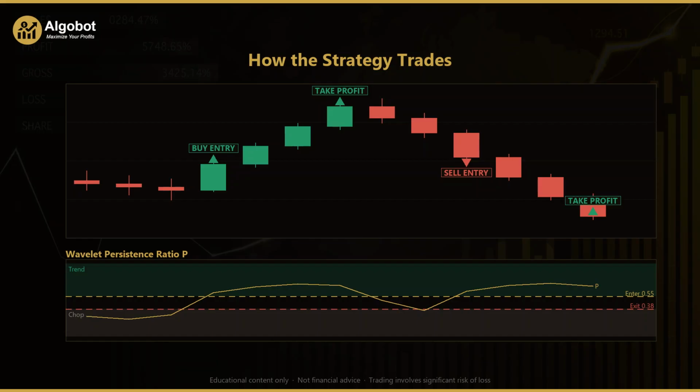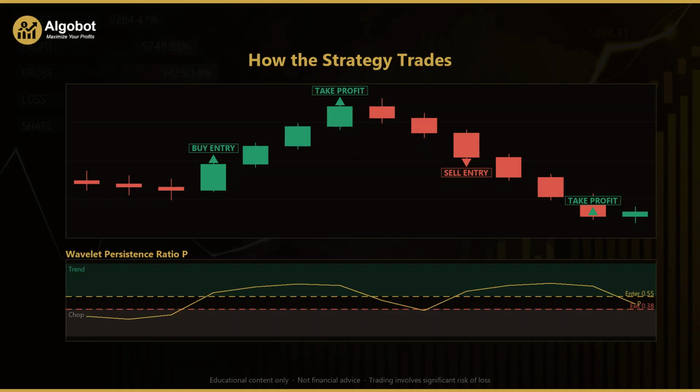In the panel, the persistence ratio crosses back upward through 0.55. Energy is concentrating in the slow scales again, but this time the slope is negative. The newest half of the window is averaging below the oldest half, and the close is beneath the mean. That's a downside trend being born, so the sell entry marker appears and the strategy goes short.